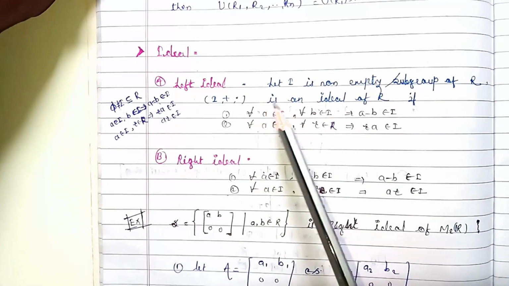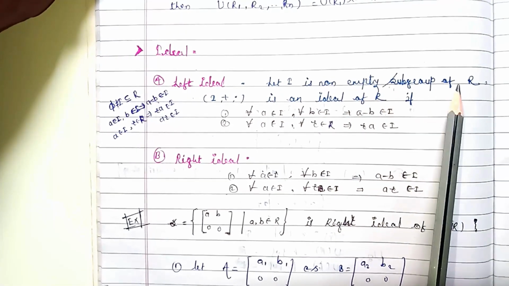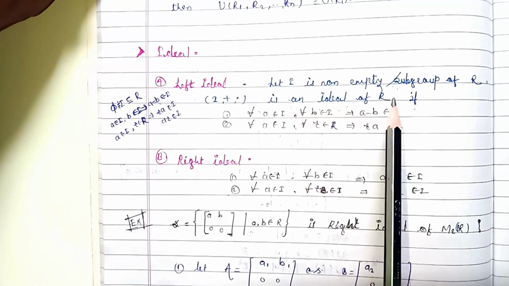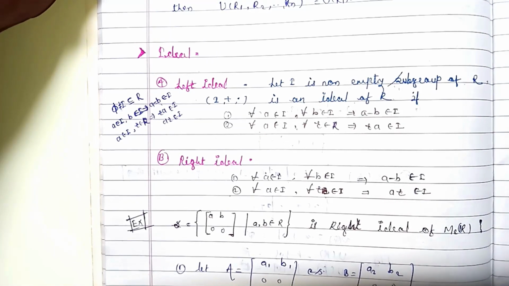Here the definition of a left ideal says that let I be a non-empty subset of our ring R. Then I under addition is an ideal of R if the following hold.